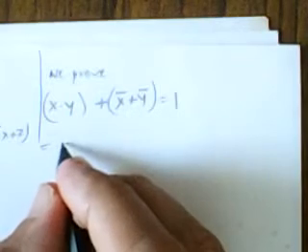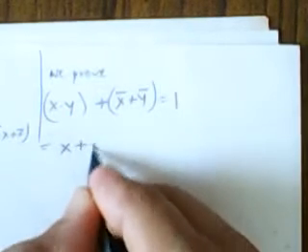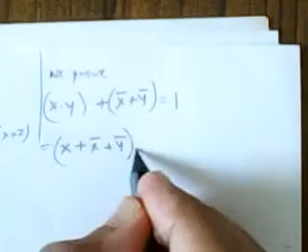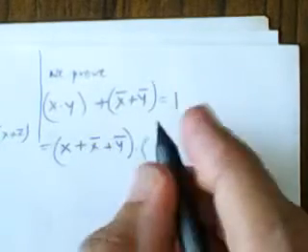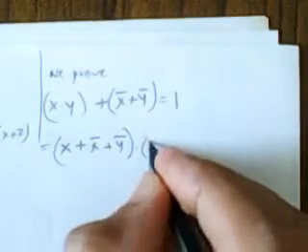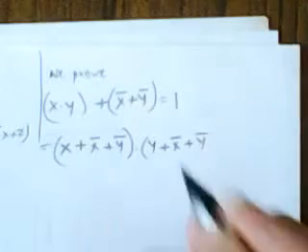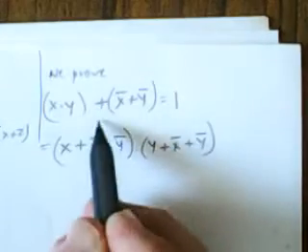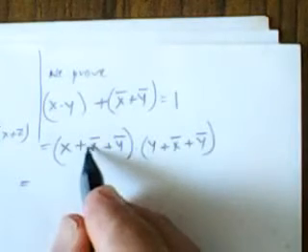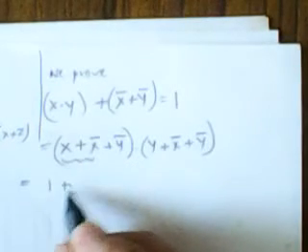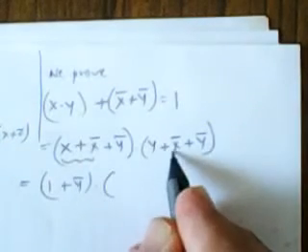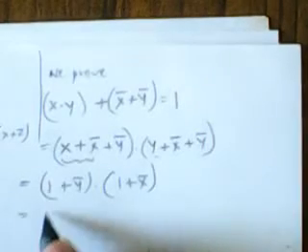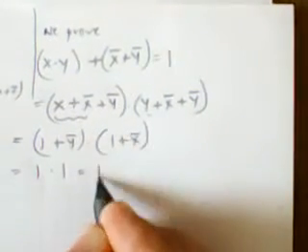How to split this one? (x + x̄ + ȳ) whole into (y + x̄ + ȳ). I have written this, so with respect to this dot, you split. Once again, by the distributive law, x + x̄ is how much? 1, so 1 + ȳ. And y + ȳ is how much? 1. So 1 + x̄. Once again, 1 plus something is 1, and 1 dot 1 is equal to 1.